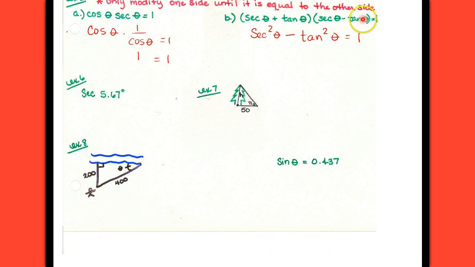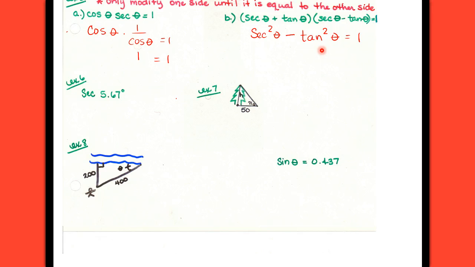And tangent times negative tangent is negative tangent squared. So that exact same thing that we had gotten when we did it with the x's and the y's, x squared minus y squared, the first quantity squared minus the second quantity squared, difference of squares, same thing. I've got secant squared minus tangent squared.